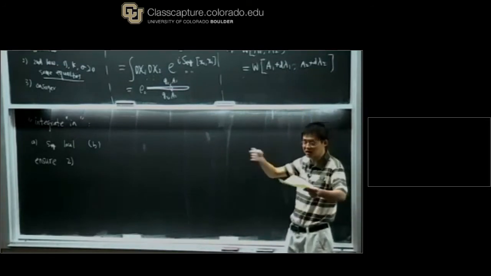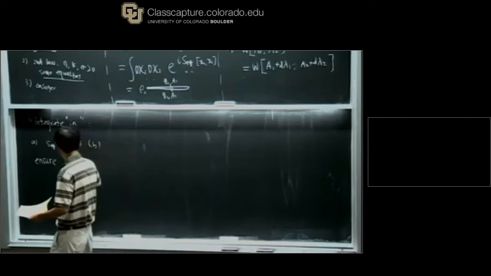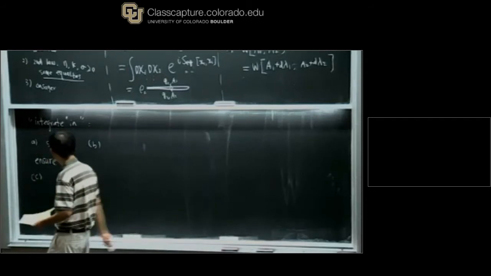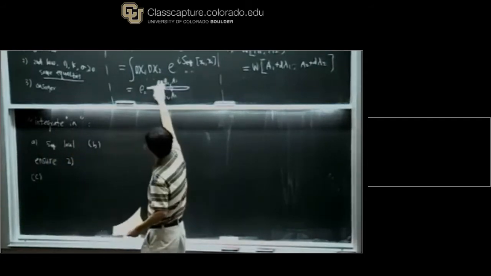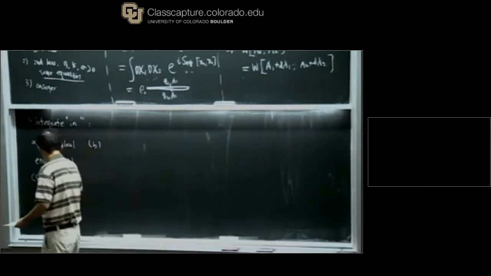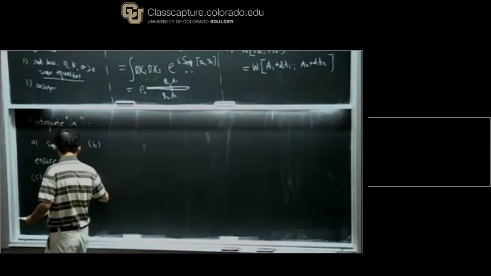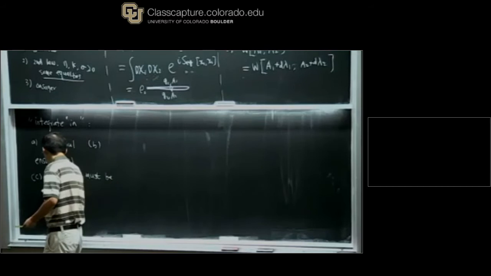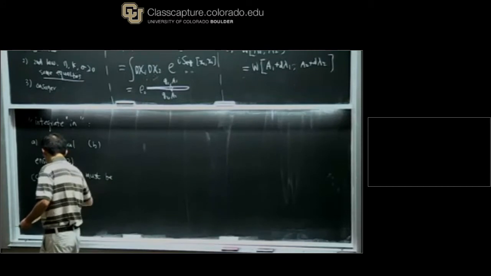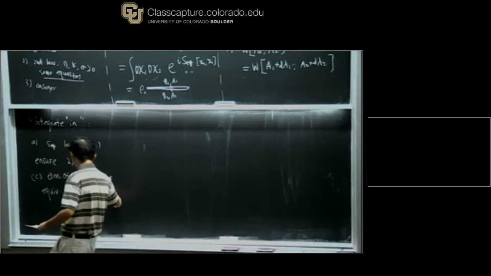It should not depend on any details. The third clue is that whatever Lagrangian model you choose, the equation of motion for chi must be equivalent to the current conservation.